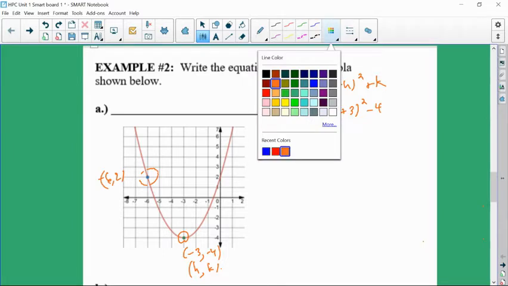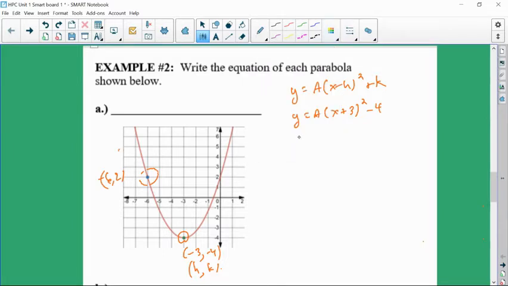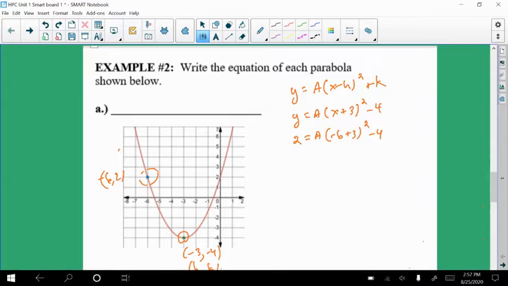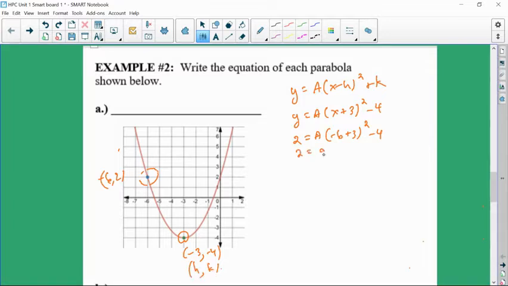So 2 equals a, and then our x value of -6 plus 3 squared minus 4. And so -6 plus 3 is -3. -3 squared is 9. So I have 9a. So 2 equals 9a minus 4.